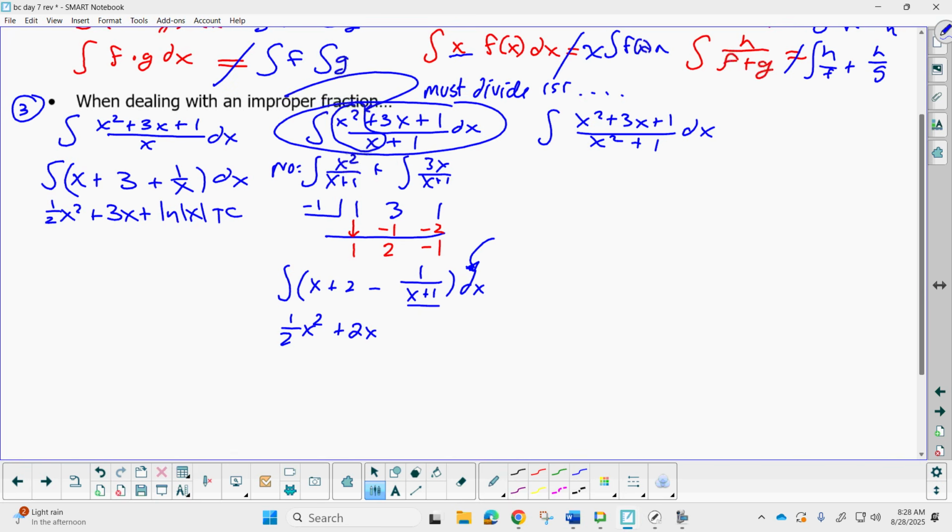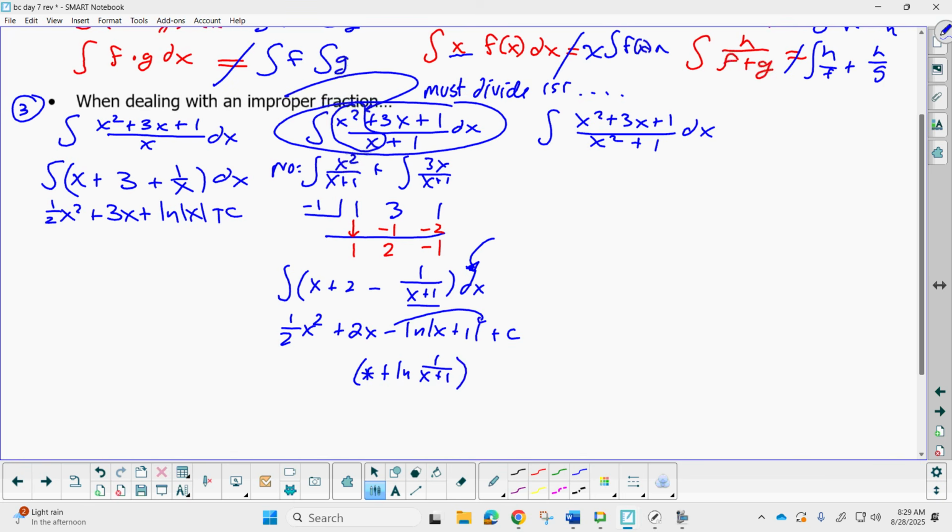Natural log of, okay, cool. What if your back of the book answer was plus log of 1 over x plus 1? Did you do it wrong? No. What did they do? They put the negative up and used a log rule, yeah? So be aware that's the thing.